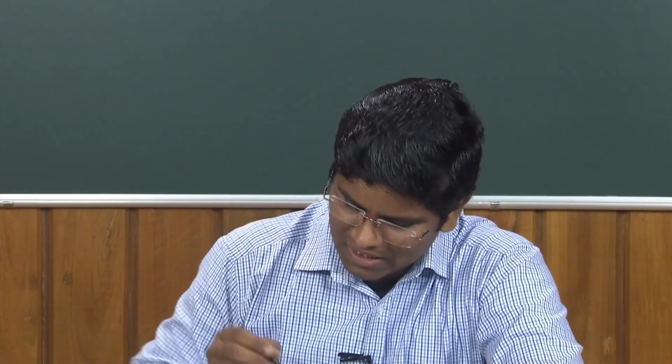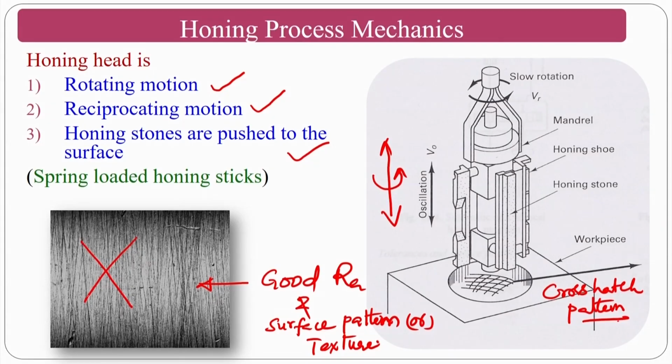This lubricating oil will stay in the deep crosshatch pattern, and it will support less wear of the piston, because the piston has to reciprocate like this. So it will support the life of the piston. For that purpose, not only the surface finish, you also need a surface pattern.